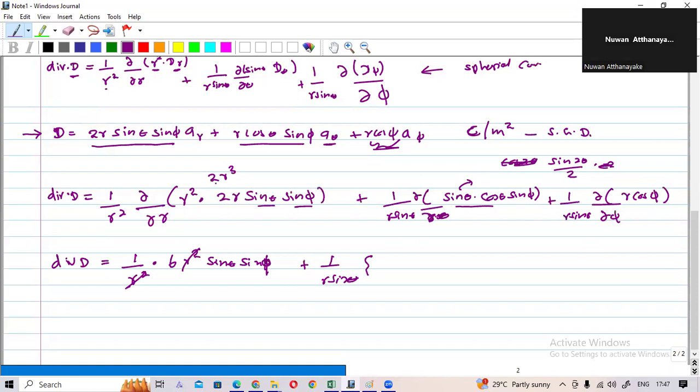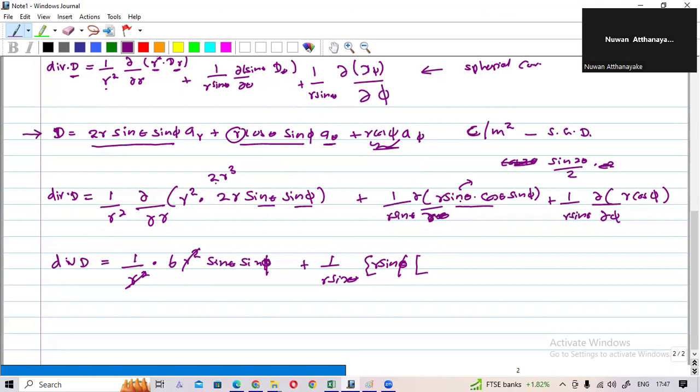Or maybe you can differentiate this as a product. Sine phi is a constant, so you can keep sine phi here, and the r part is also there, so r sine phi is there.